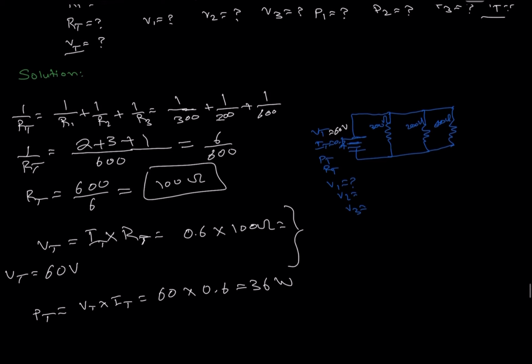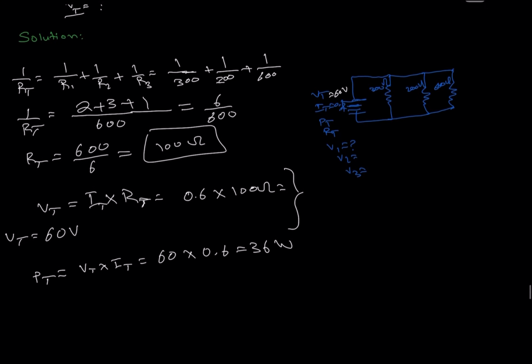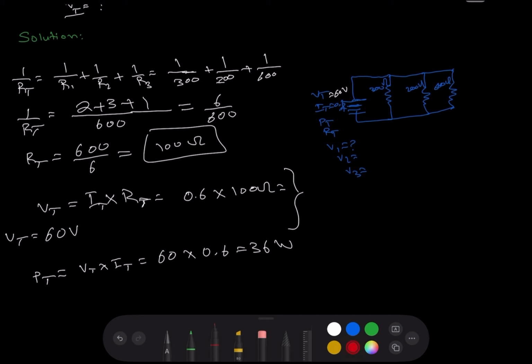Now we will find the individual voltages. Remember this thing we said: in a parallel circuit, total voltage is equal to the voltage drop at point 1, at point 2, and at point 3. So all of these are the same voltage right here.